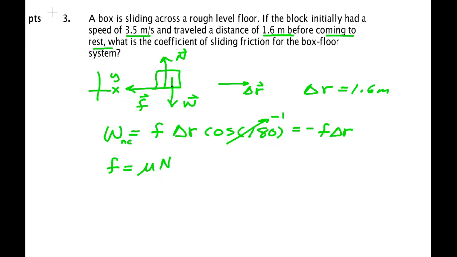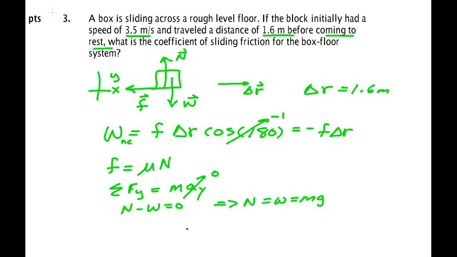Well, looking at this free body diagram, I have the following. The sum of the forces in y is ma y, but there's no acceleration in y. The normal minus the weight is 0. Therefore, the normal is equal to the weight, which is mg. So the friction force is mu mg.